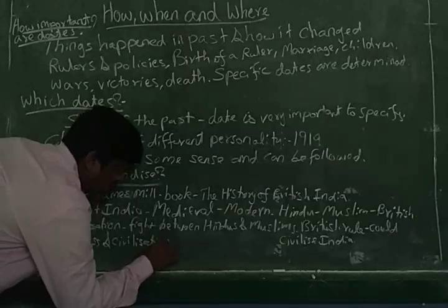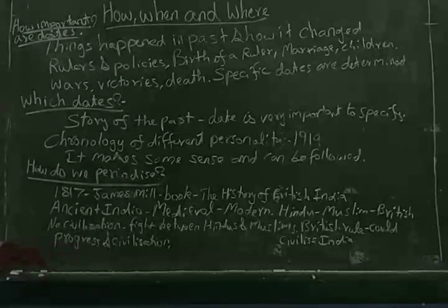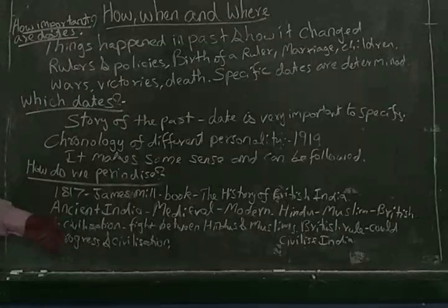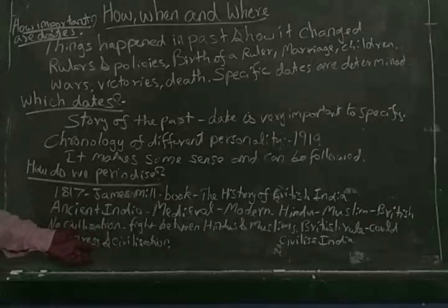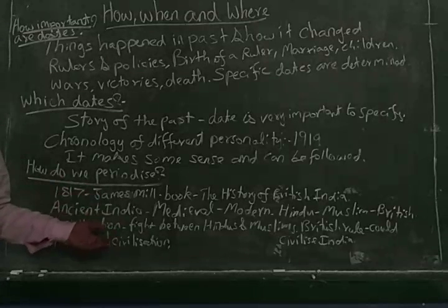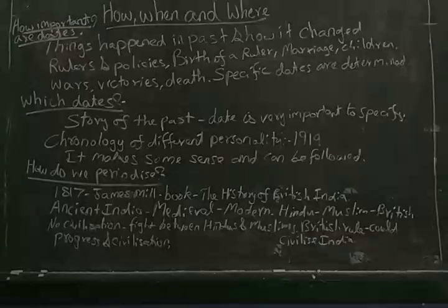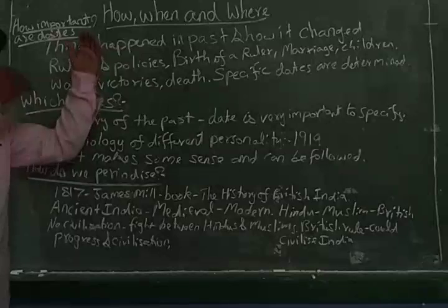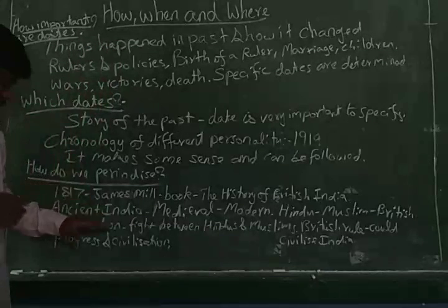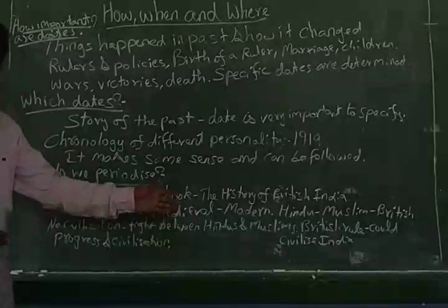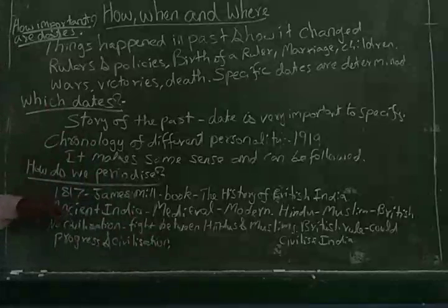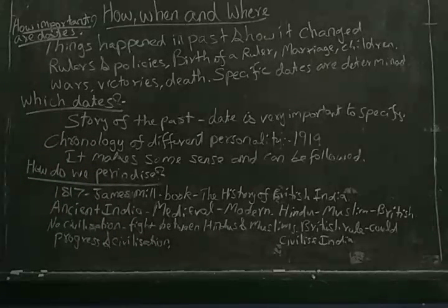Though they ruled and dominated us, one thing we can accept is that most of the progress India achieved and the civilization developed with the help of the British. So these are the things we learn in history by periodizing: what happened in the ancient period, the medieval period, the modern period. If we periodize, it will be very easy for us to learn about history. That's what it is said, right?